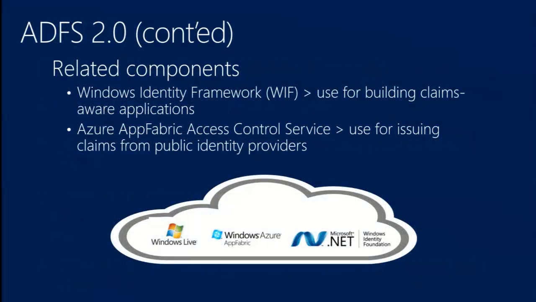All right, so let's talk about some related components to ADFS. In the cloud, as I mentioned in the beginning, Microsoft provides Windows Live ID as an identity provider STS. Windows Azure App Fabric Access Control, or ACS, will provide a cloud-based federation provider.